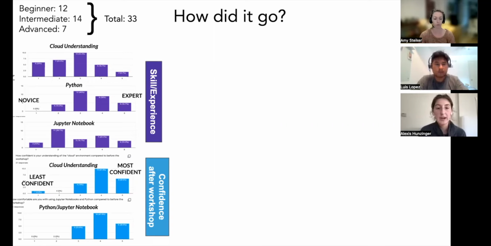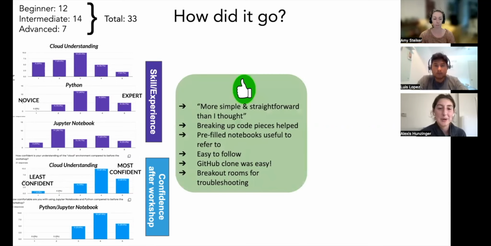And then our feedback was maybe as expected. There was a lot of positive feedback when it came to how we structured the workshop, some surprises about using GitHub, and it was really critical that we were able to use breakout rooms and a virtual setup to help people troubleshoot along the way.